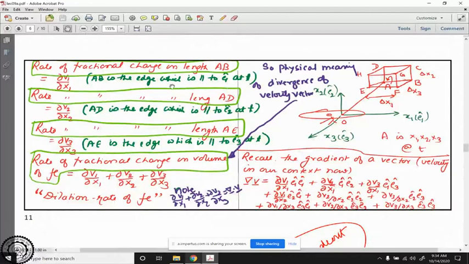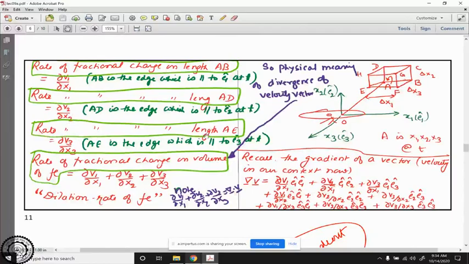And you will get del V1 del X1, which is the same as before, in the 2D two-componential case. I can ask the question, the rate of fractional change in length AD. AD is the edge which is parallel to E2 at time t. That turns out to be del V2 del X2, the same index with V and the same index with X.